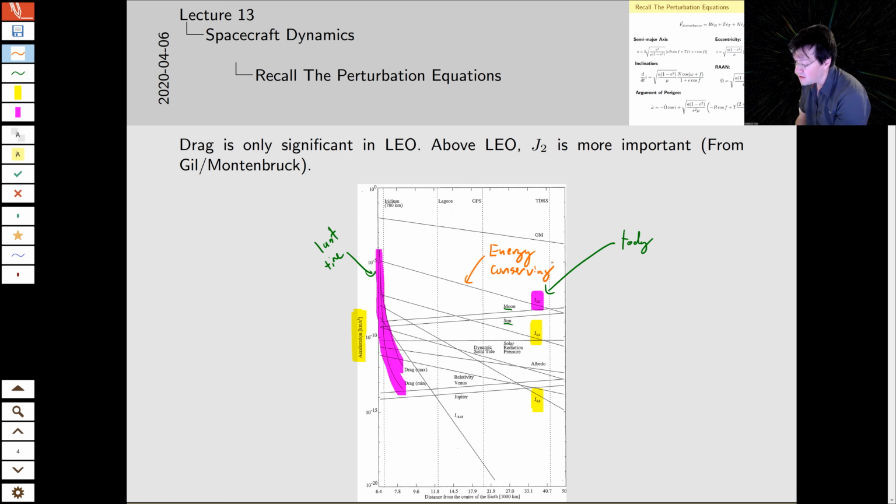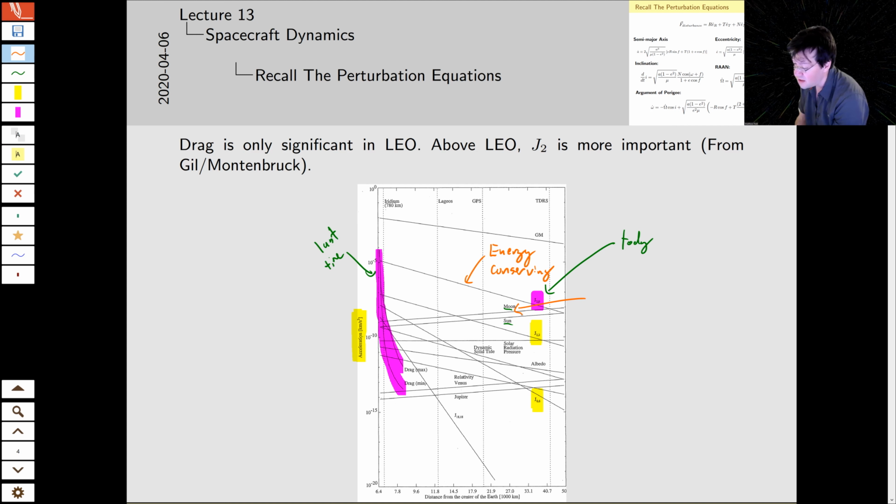By contrast, we see these other orbital perturbations, the moon, the sun. Those actually are not energy conserving. They can add or subtract energy, and there are studies which find ways to use the moon's gravity field to boost the energy of a satellite.